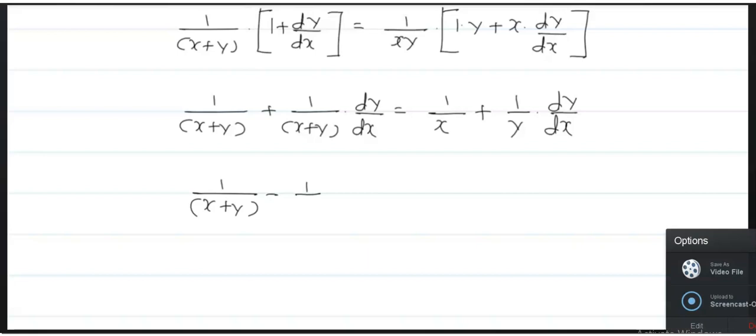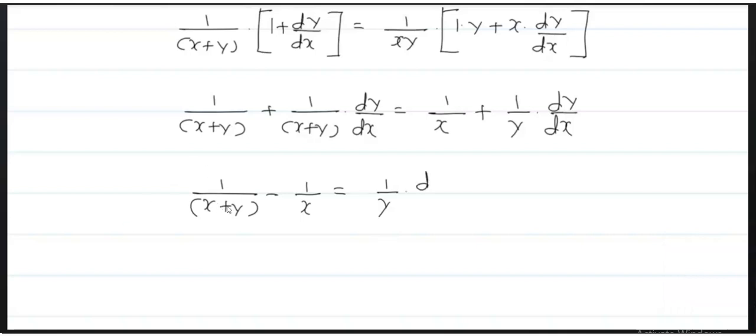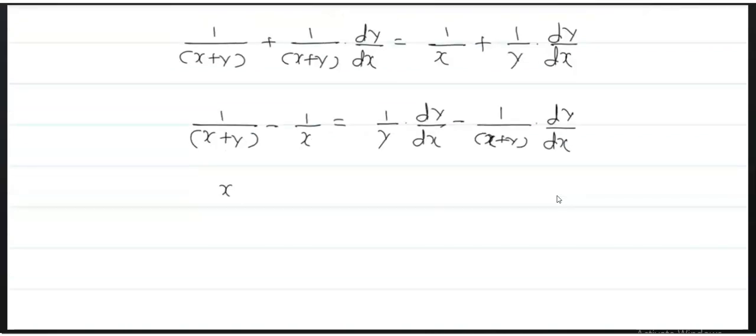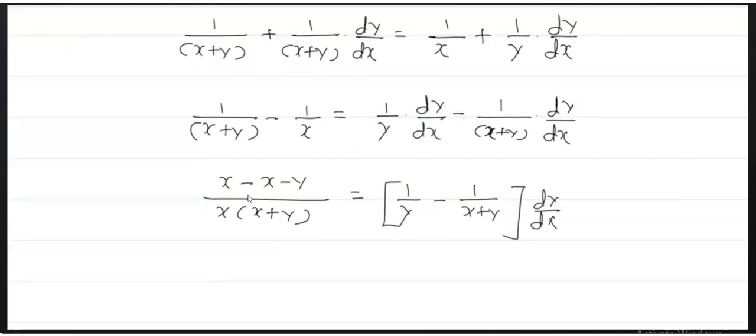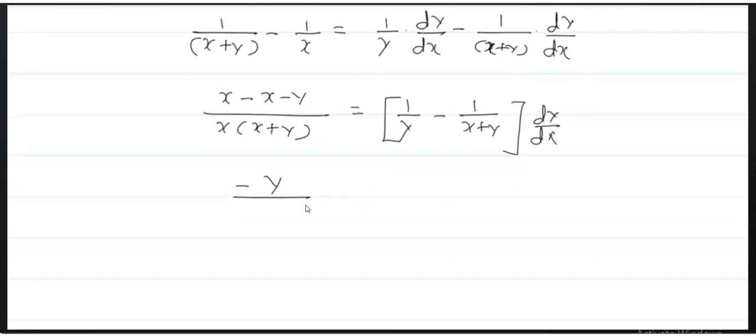Therefore, 1 upon (x plus y) plus 1 upon (x plus y) into dy by dx equals 1 upon x plus 1 upon y into dy by dx. Simplify this. Cross multiplication.